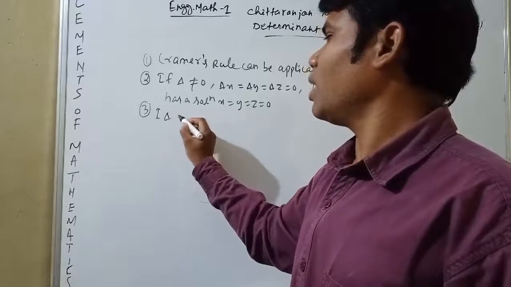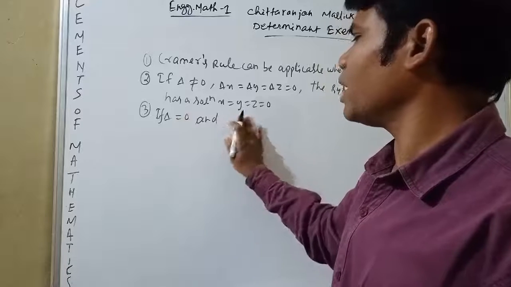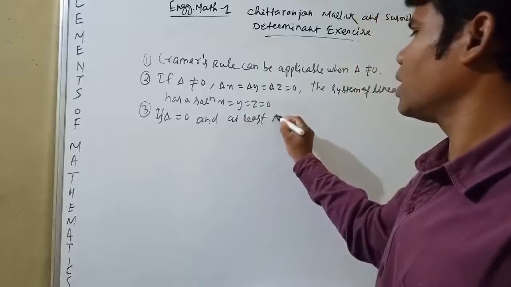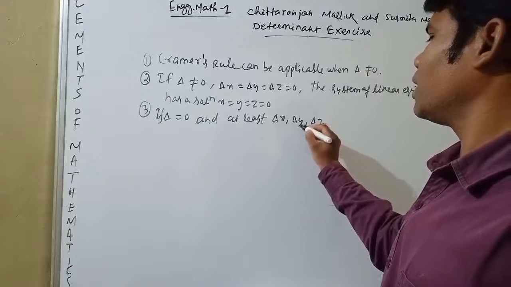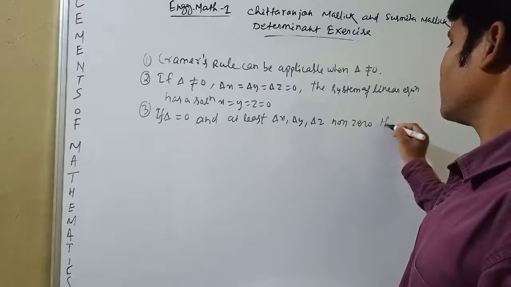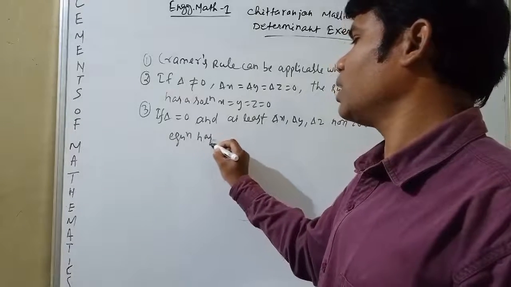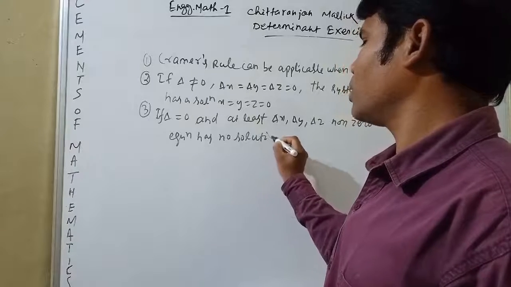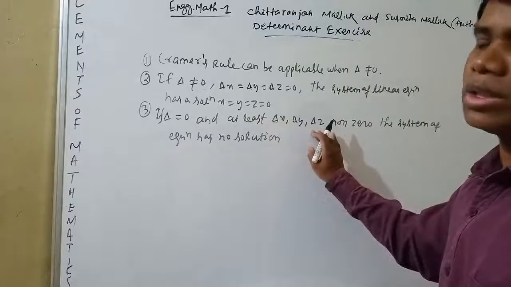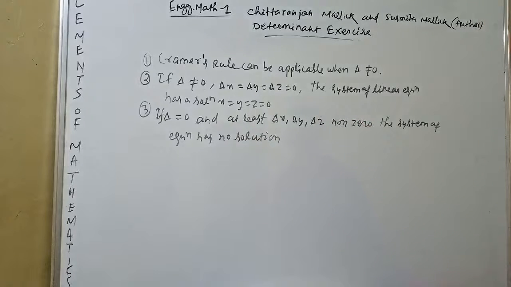If del is equal to 0 and at least one of del x, del y, del z is not equal to 0, the system of equations has no solution.